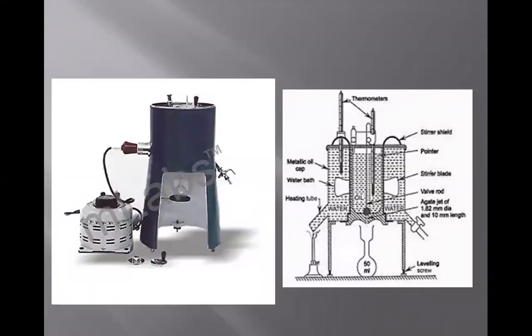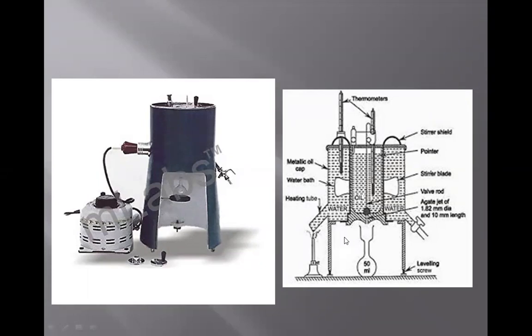See, this is the figure which has a cylinder, or we can say the metallic oil cup. Again, inside it, there is a water bath. Heating tubes are also provided. Thermometers are placed to measure the temperature. There is a provision for stirring. Again, there is a pointer up to which we have to fill the oil.